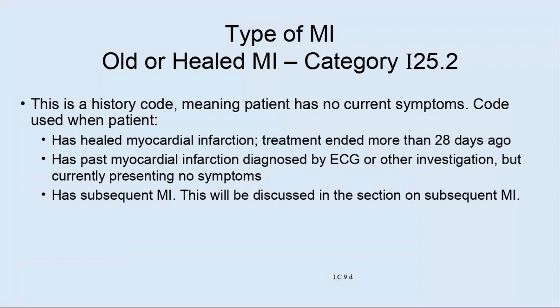It might also be used if a patient had a myocardial infarction but did not know it at the time. Sometimes they'll do an EKG or other test and say, hey, you know what, you had a mild myocardial infarction. It might also be used when there's a subsequent MI, and this will be discussed later on.